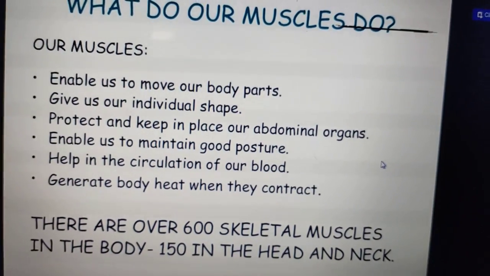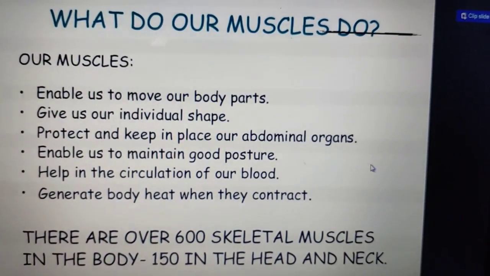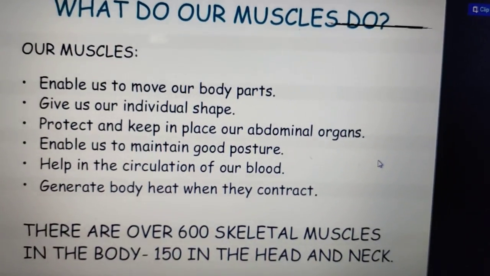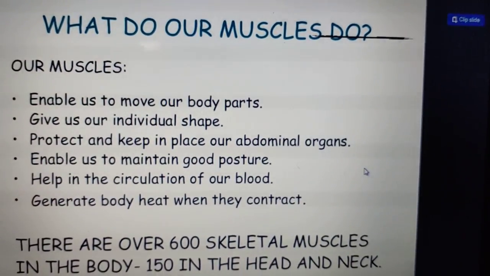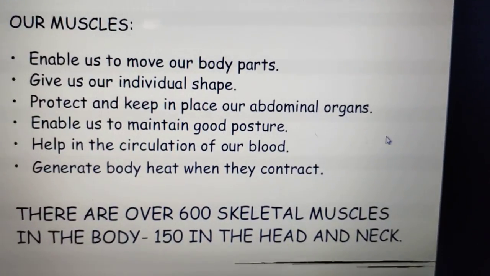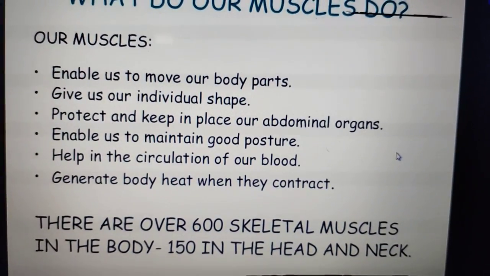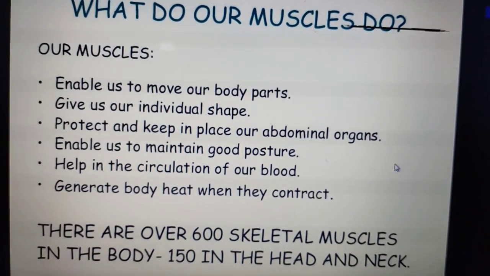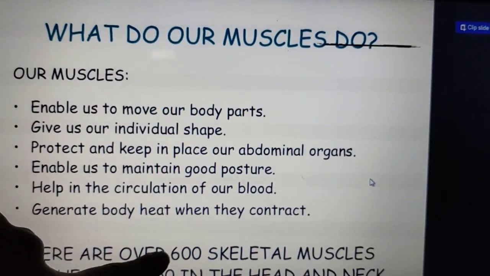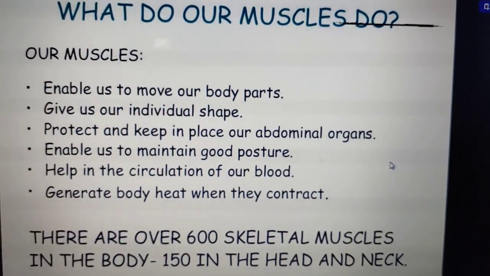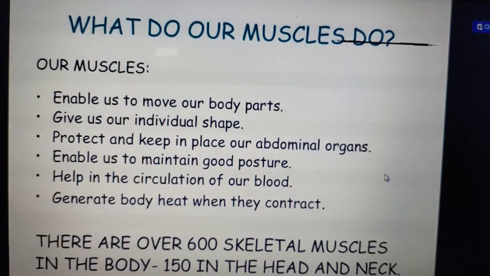More than 600 skeletal muscles, and the head and neck alone include 150, and the rest are in the other body parts. Totally, how many muscles do we have in the body? Total is 639, we can say, over 600 skeletal muscles. For memory purposes I mentioned 600 here, but actually we have 639 skeletal muscles.